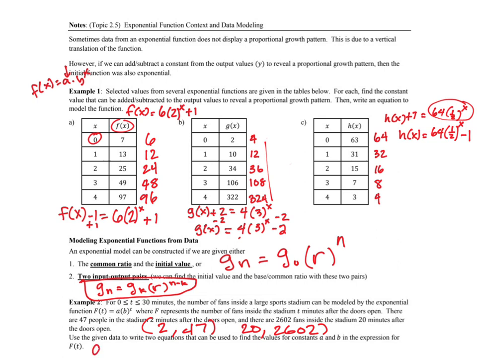You know A equals 30.089 and B, the growth rate, is 1.25. Your equation is supposed to be, they put right here, f of t equals A times B to the t. So f of t equals 30.089 times 1.25 to the t power. There's your equation.